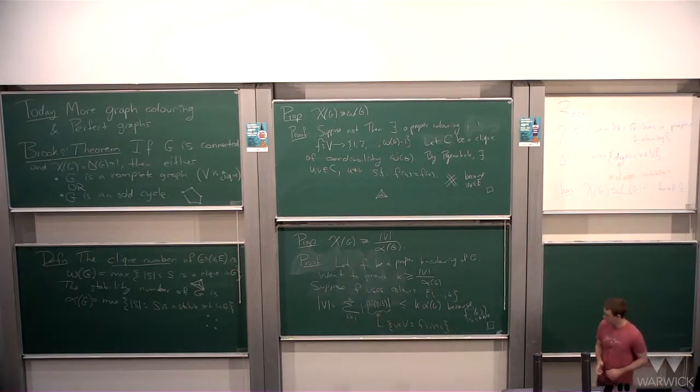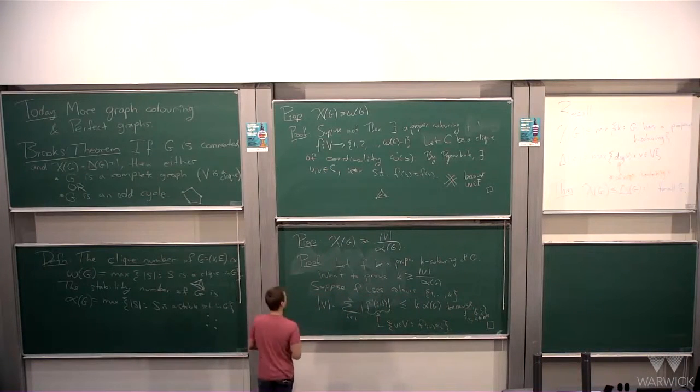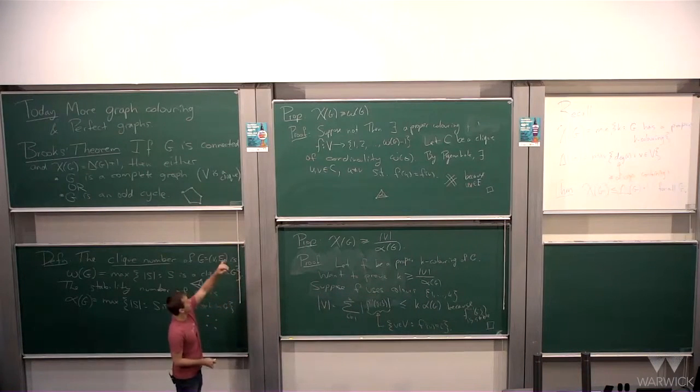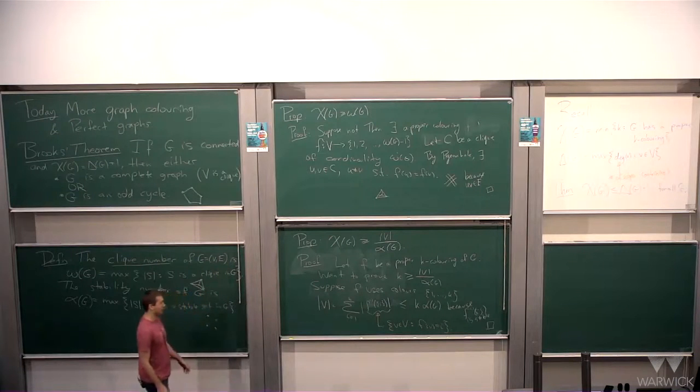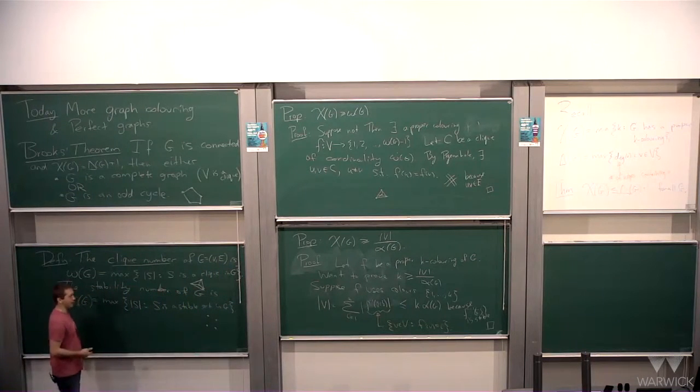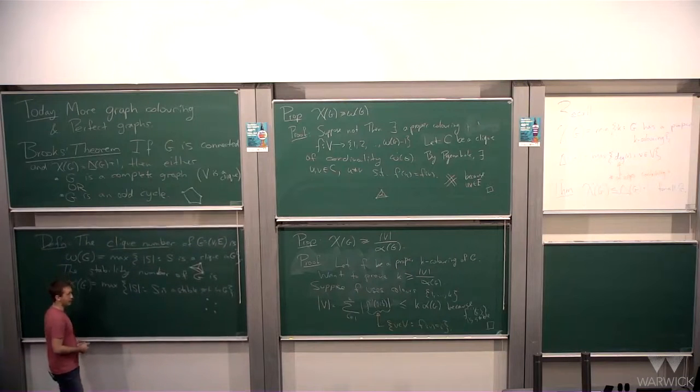Okay, so we're mainly going to focus on the first, well, actually both of these propositions are going to come into play either today or tomorrow, or today or Monday.